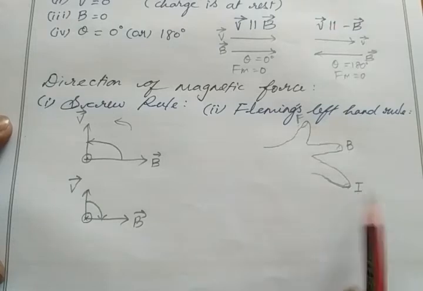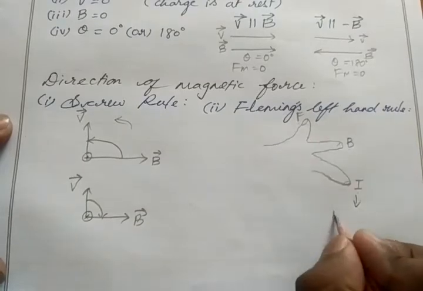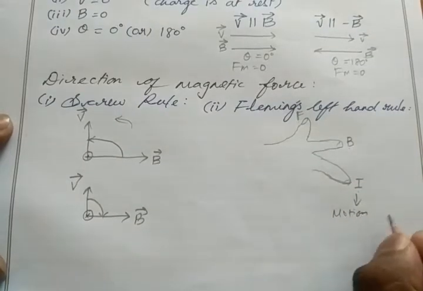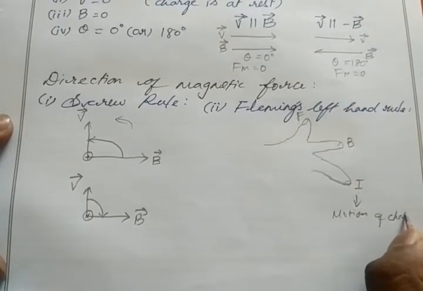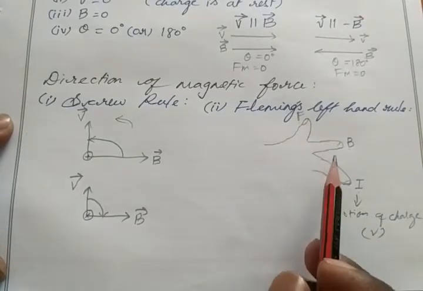I means current or movement of charge, motion of charge, whatever. I said already, motion of charge, movement of charge produces current. So I can say motion of charge, which provides velocity, right? So this is Fleming's left hand rule.